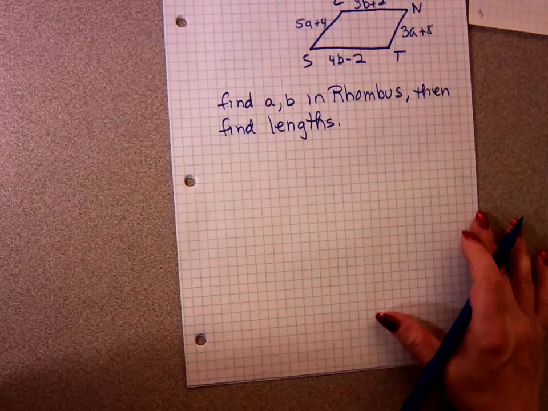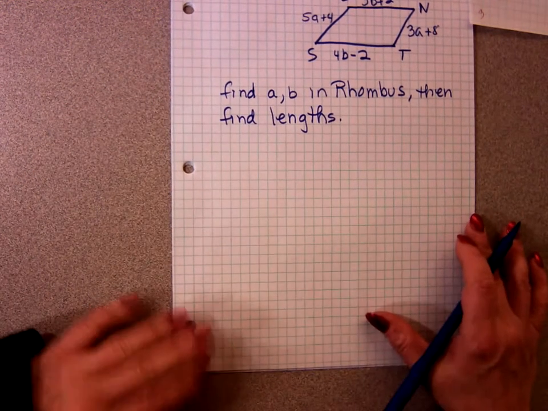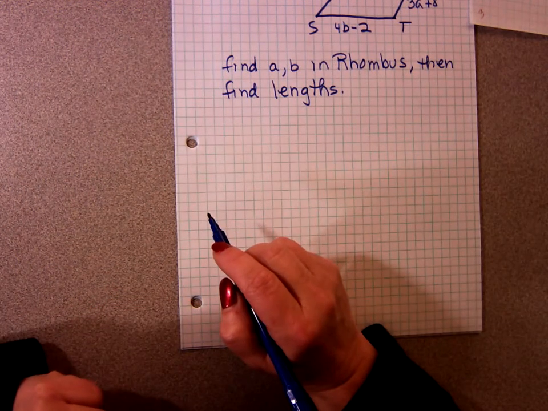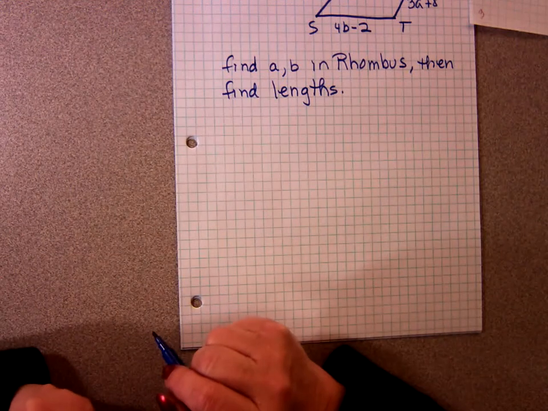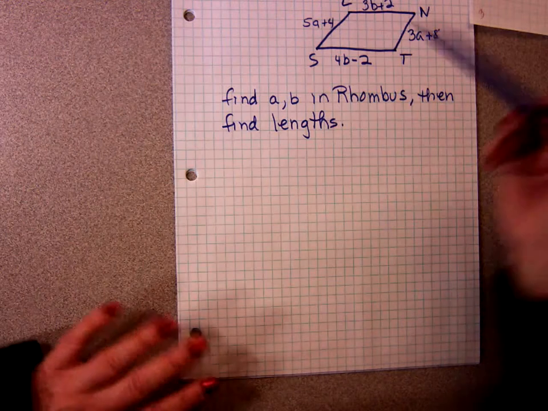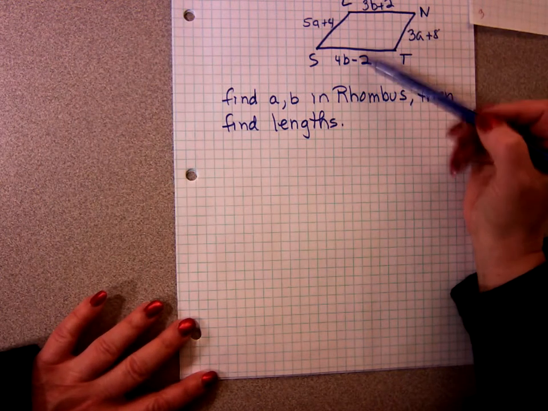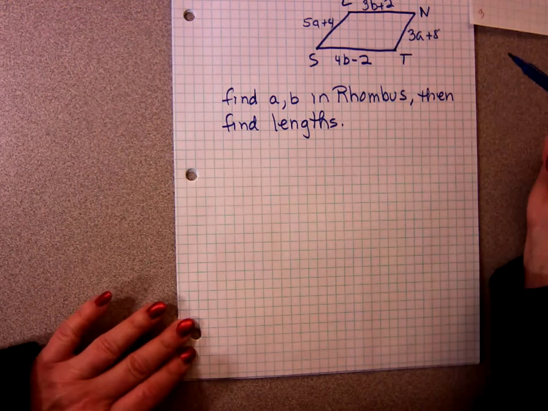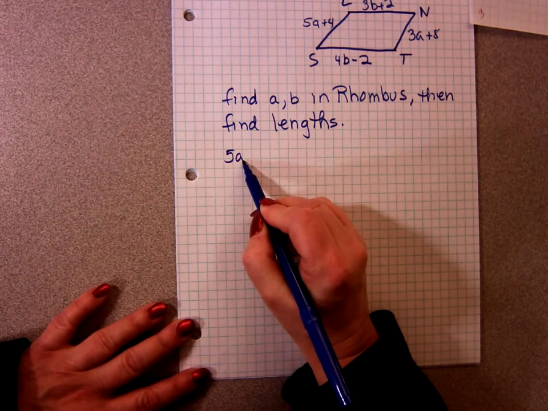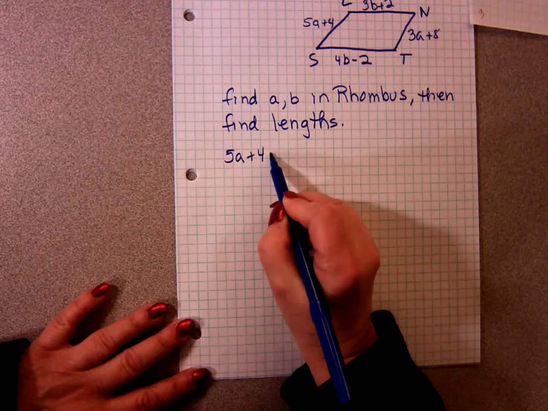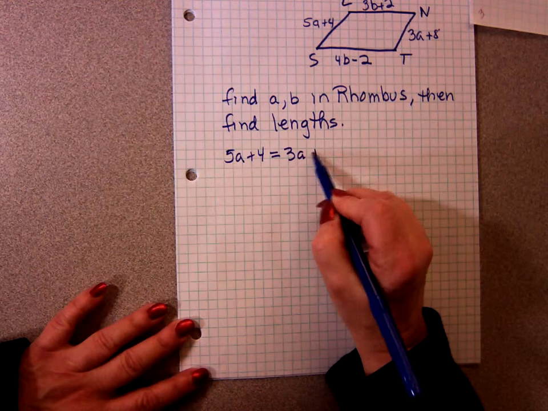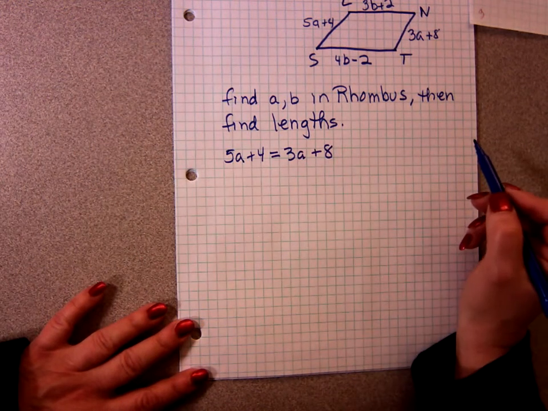So because it's a rhombus, I can use algebra. When I use algebra, I'm going to set up an equation. And usually I set up equations with things that are equal. So this is a rhombus, so what do we know about the sides? They're all equal. So I'm going to start with 5A plus 4, and I'm going to set it equal to 3A plus 8.